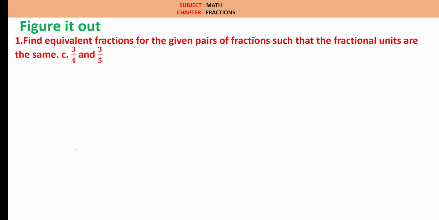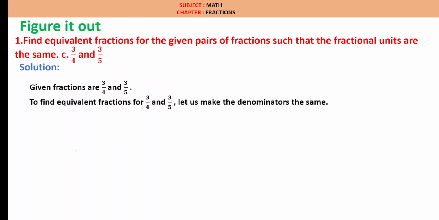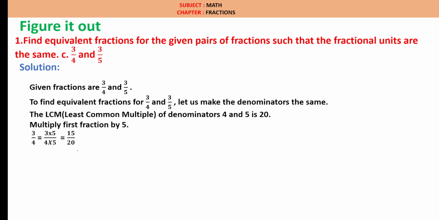Let us see subsection C, 3 by 4 and 3 by 5. Given fractions are 3 by 4 and 3 by 5. To make equivalent fractions, we need to make the denominators the same. Therefore, LCM of 4 and 5 is 20. To get denominators of 20, let us multiply the first fraction by 5.